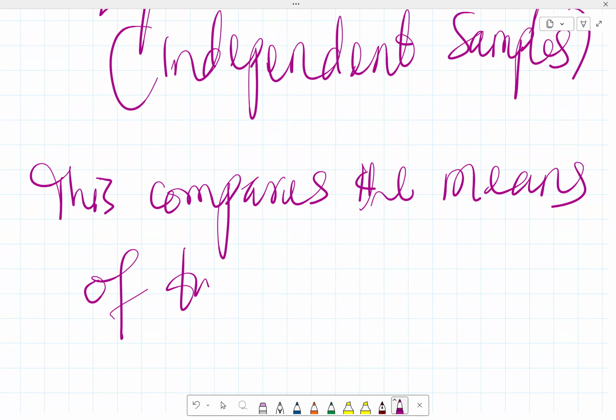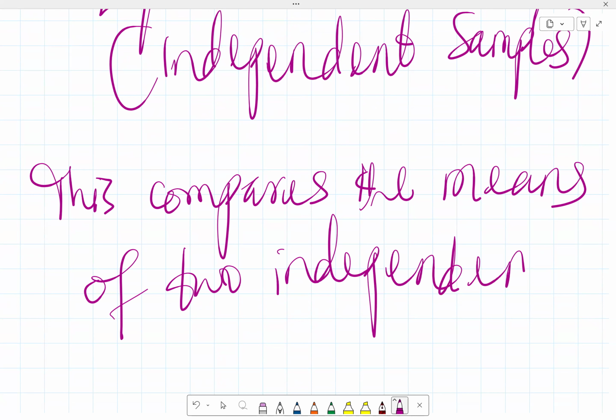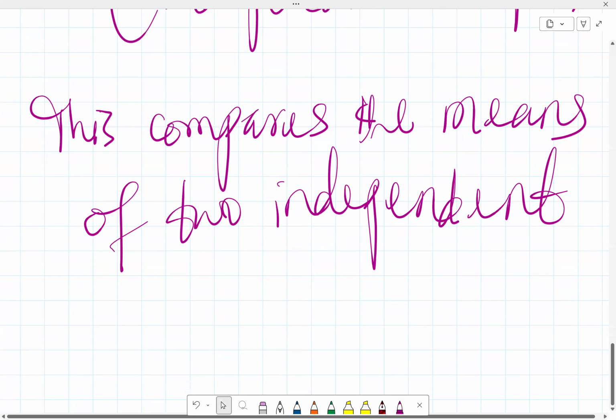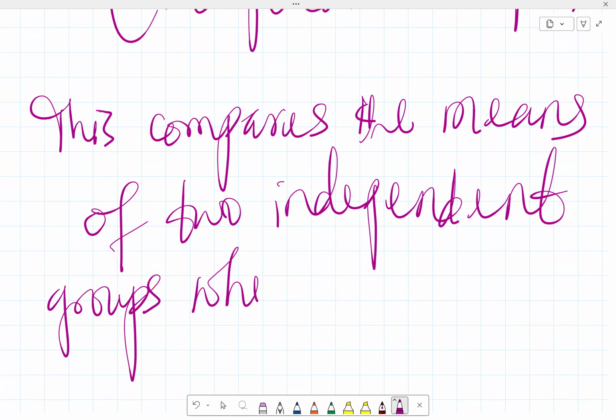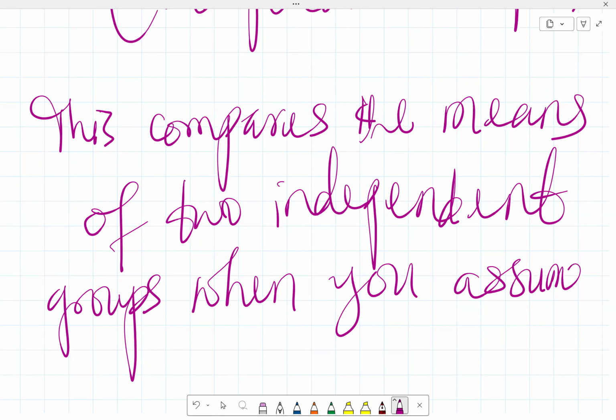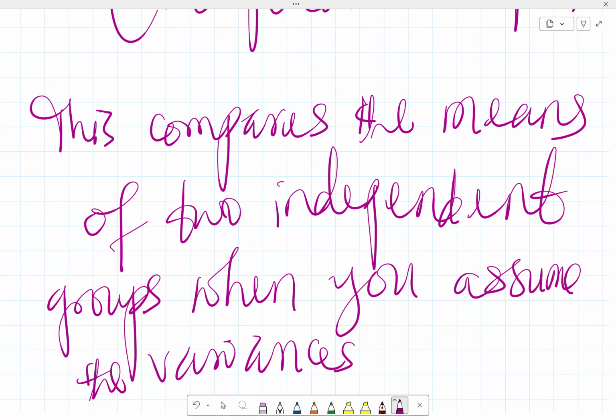You need to understand the condition to do the right kind of test. So this compares the means of two independent groups when you assume the variances of the two populations are equal.